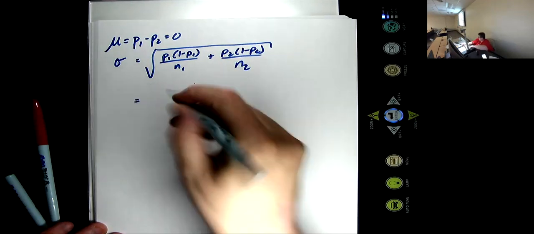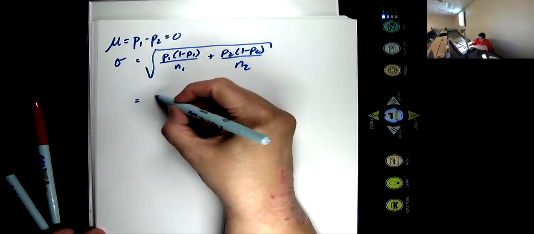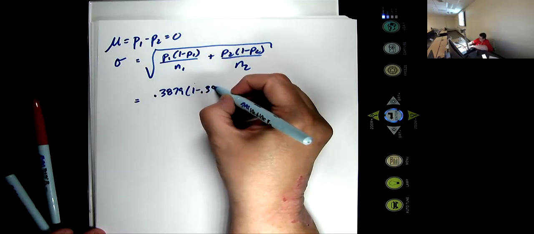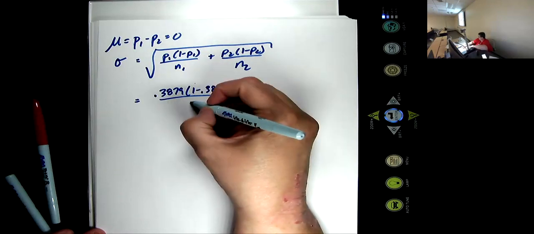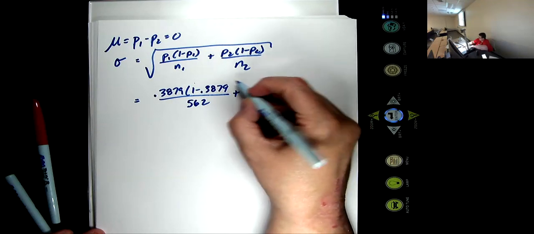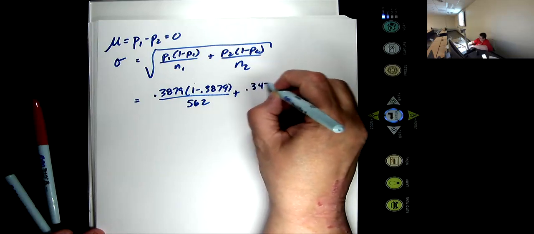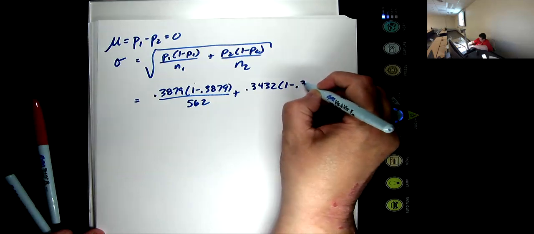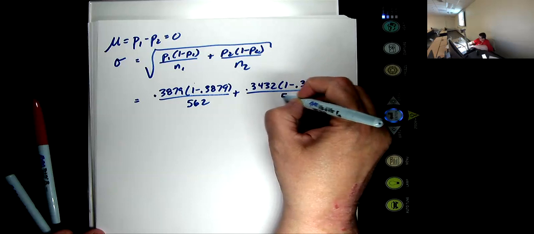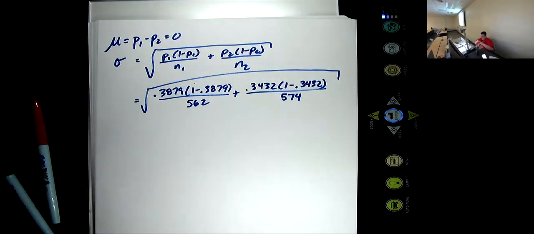And here we had 0.3879 times 1 minus 0.3879 over 562, that was the females, plus 0.3432 times 1 minus 0.3432 over N2, which was 574. And I'm gonna do the square root of that.